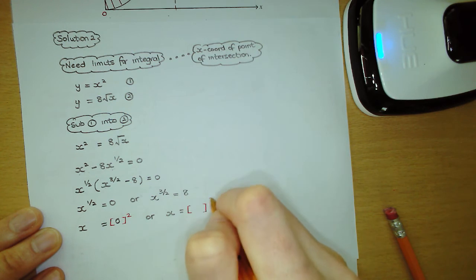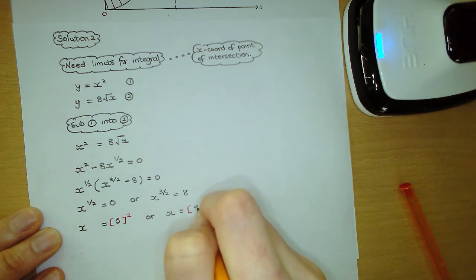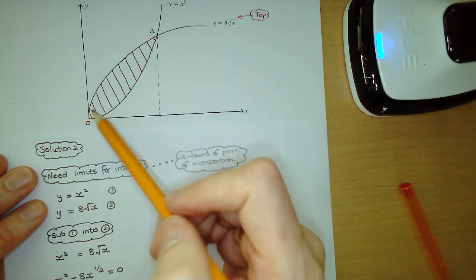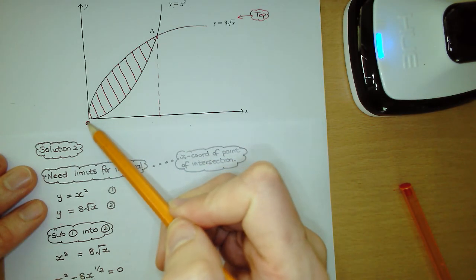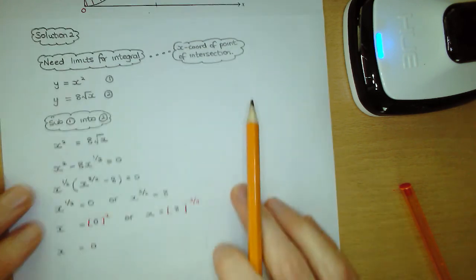The reciprocal power is 2/3, and we've just got 8. Okay, tidy up. So we're going to get x is equal to 0 squared, which is just 0, and that makes perfect sense because that's the x coordinate of one of the points of intersection, so the other solution will give us the x coordinate of the other point of intersection.